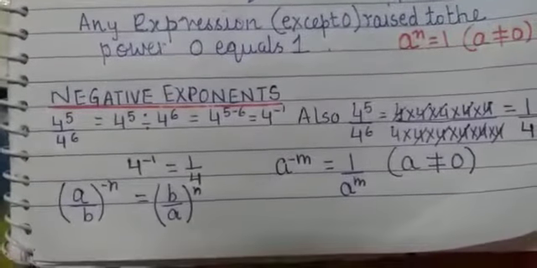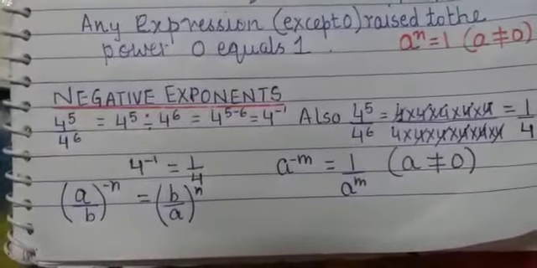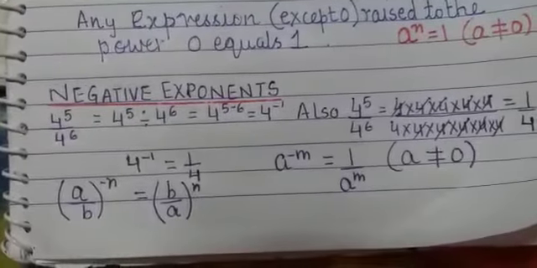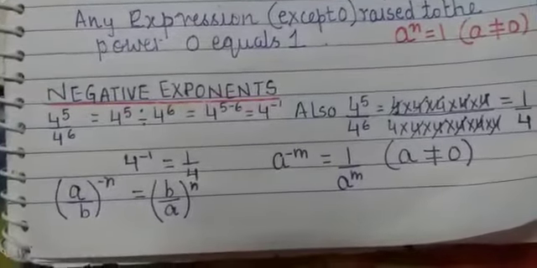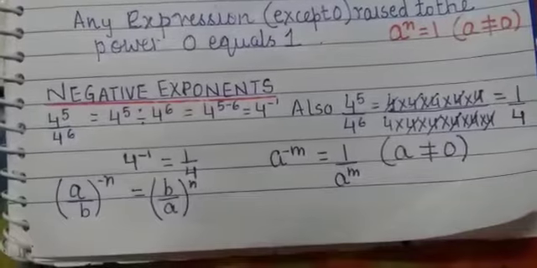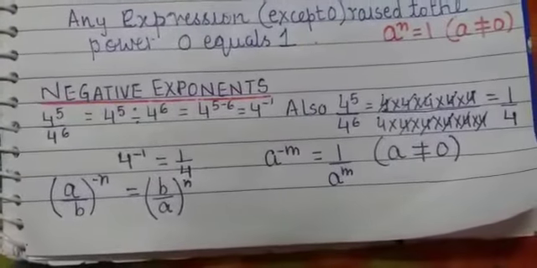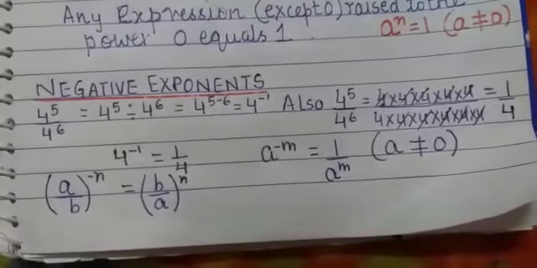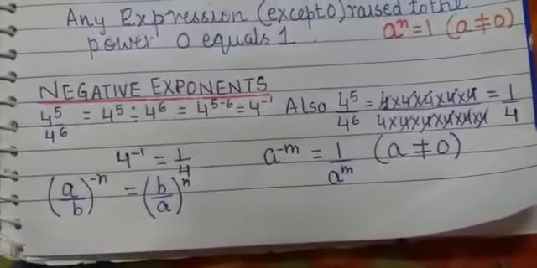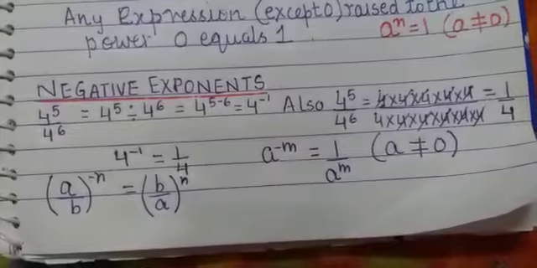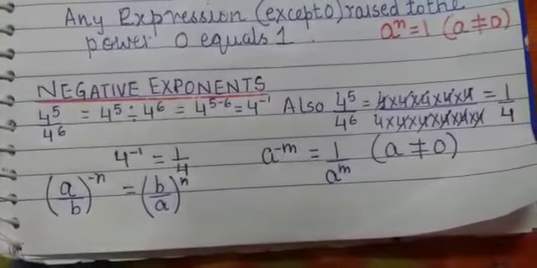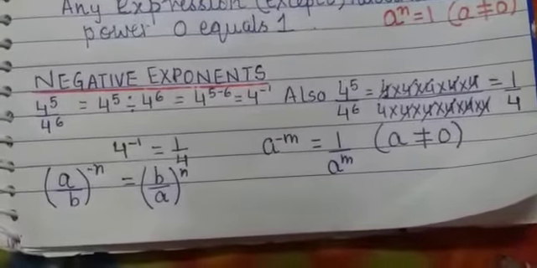So that is called negative exponents. You know, if 1000 is there, I divide that by 10. It will become 100. If I divide 100 by 10, it will become 10. If I divide 10 by 10, it will become 1. If I divide 1 by 10, it becomes 1 upon 10. What does that mean? 10 to the power minus 1.